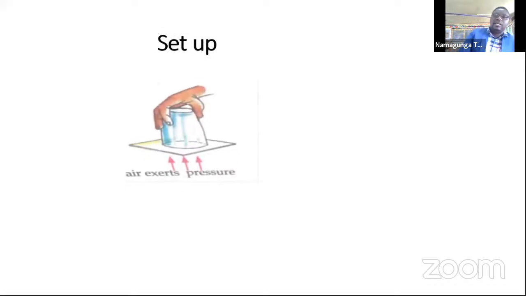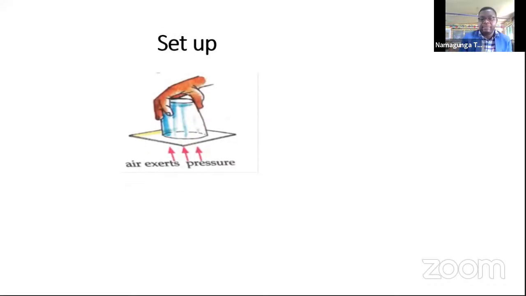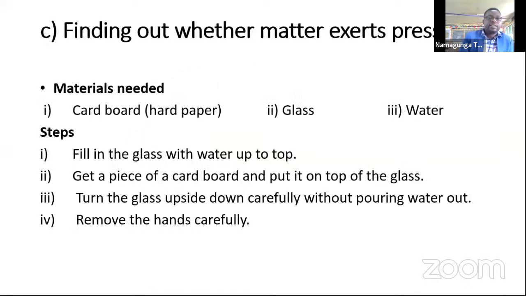So let's look at the setup. The first step, you get a glass, you fill it with water, make sure the glass is full. Then on top of the glass, put the cardboard, while it is still upright. Then from there, you turn the glass upside down so that the water doesn't pour.